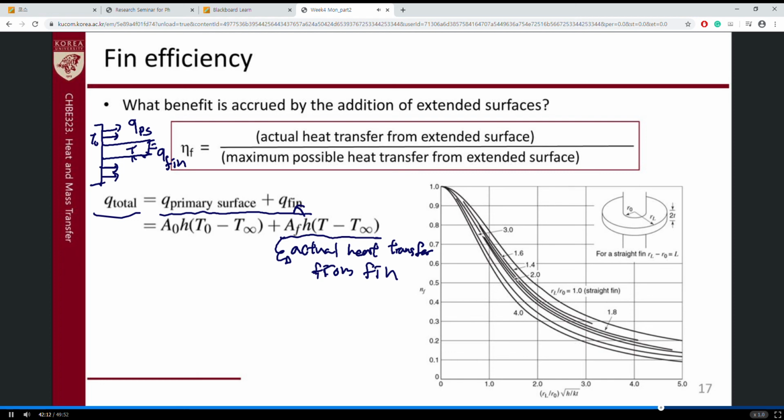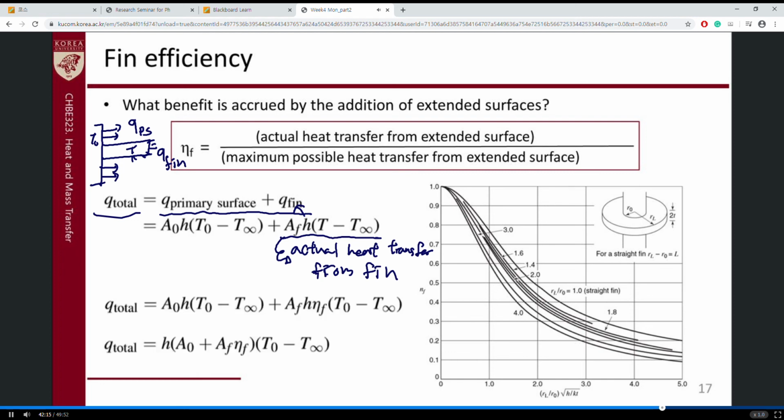For the fin, the transfer rate is not perfect, so we will modify it with an efficiency term, and this is the true efficiency of the fin heat transfer, right?